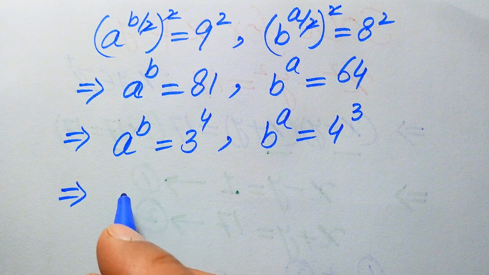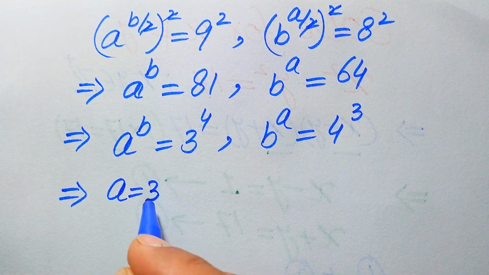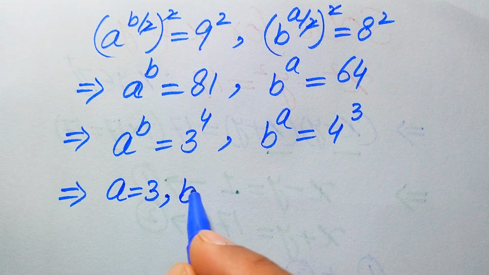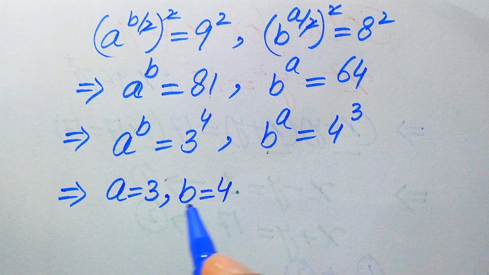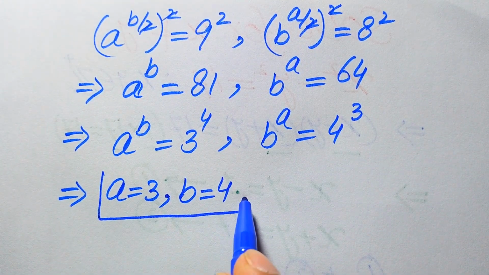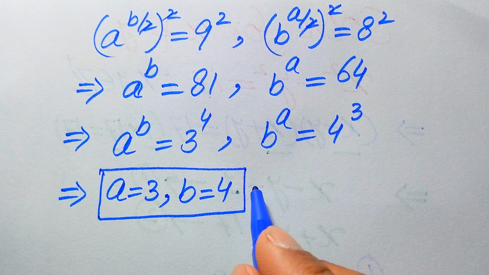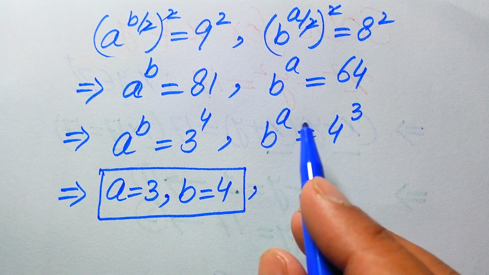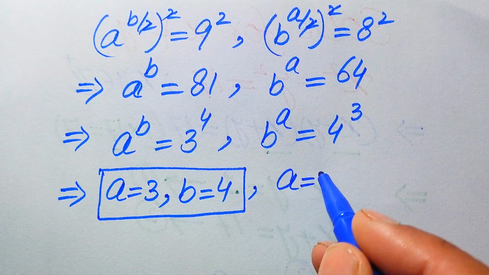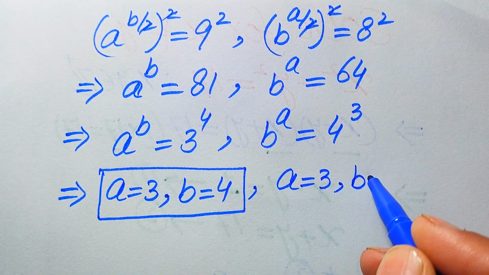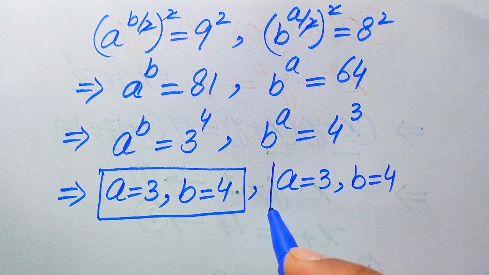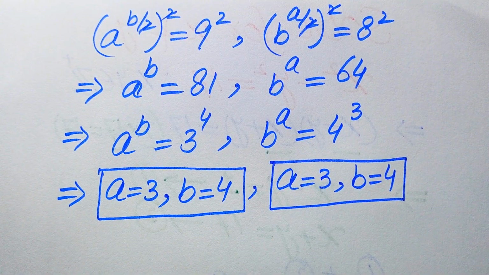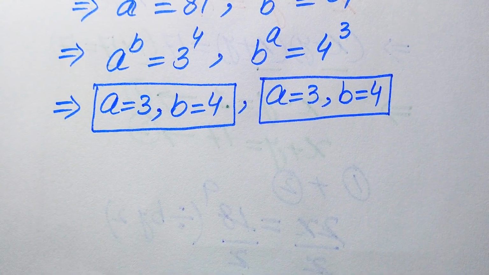When we compare bases, we get a equals 3. When we compare exponents, we get b equals 4. This is the first solution which we get in the first case. And when we compare the exponents in the other equation, we get a equals 3, and when we compare the bases, we get b equals 4. You see that from both of these cases we get the same values of a and b.